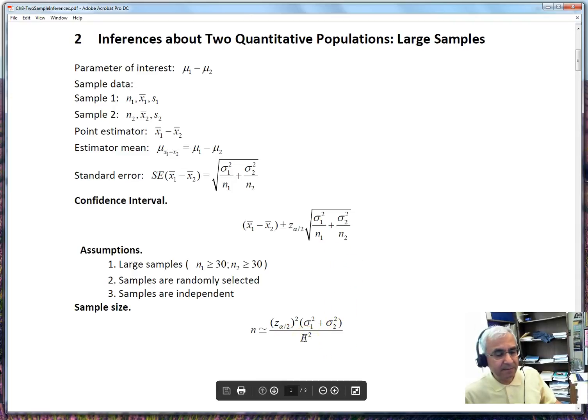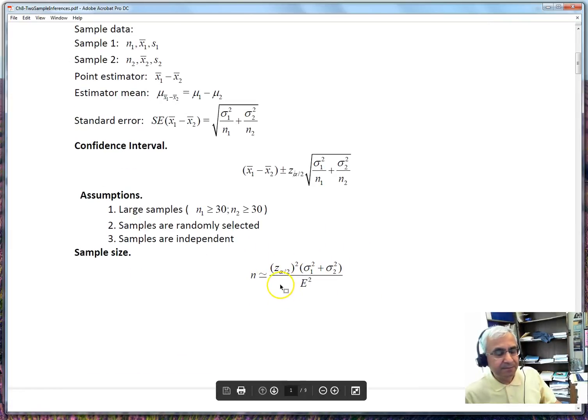In this case, I would have to have the same sample size for both populations. We call the margin of error E. And this is the formula that can give me that sample size. Okay. So n is equal to z alpha over 2 squared times sigma. Remember, before we had sigma squared over E squared. Now we have sigma 1 squared plus sigma 2 squared over the margin of error squared.